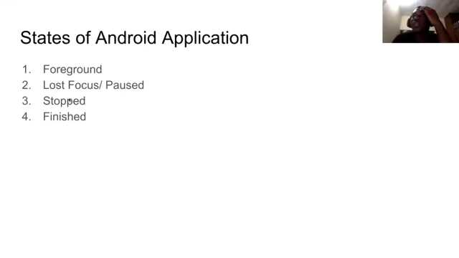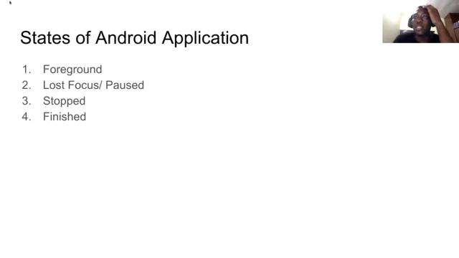So what is the difference between the stop and the finish state? In the stop state, your application still has or still retains all of the instances or it still retains all of the states of your application.